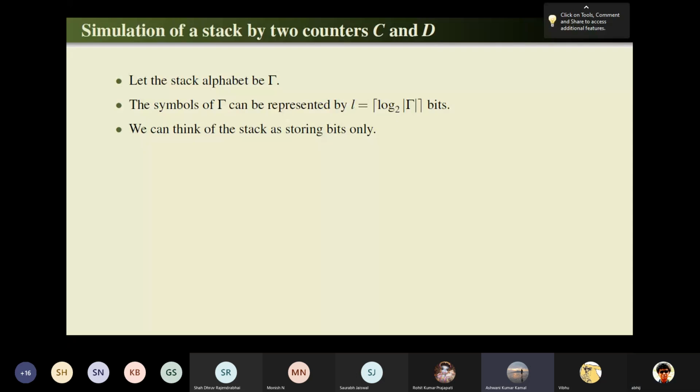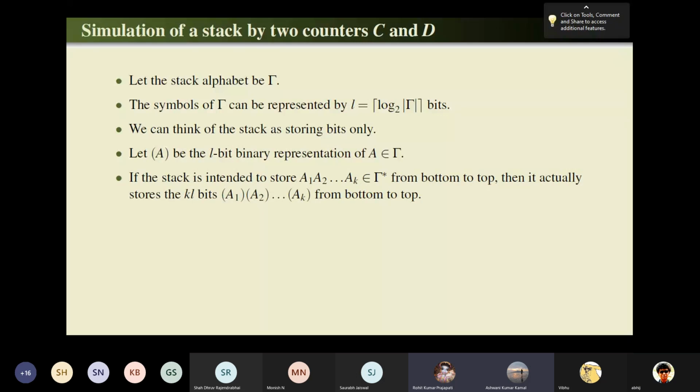Since L is a constant, the counter automaton can remember the bits read in its finite control and figure out which symbol it is looking at. I introduce the notation (A) to denote the L-bit representation of A. It may be L zeros, or as big as L ones.